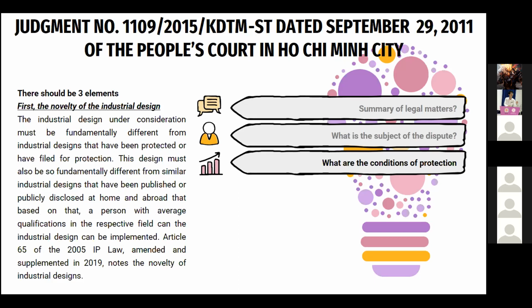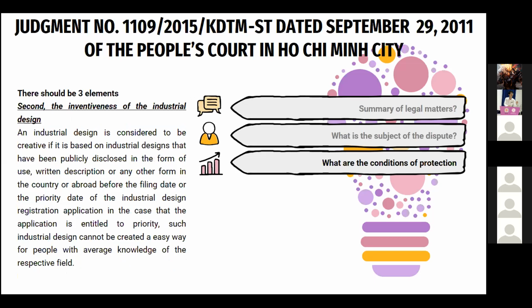Accordingly, an industrial design is considered to be novel if it is significantly different from industrial designs that have been published or disclosed in the form of use, written description, or any other form in the country or abroad before the filing date, or the priority date if the industrial design application enjoys priority.